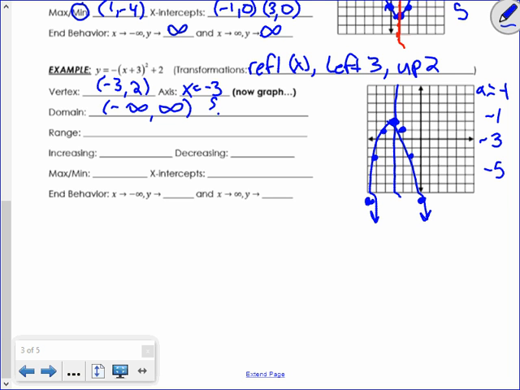All real numbers, which you guys will write in both notations. Right? And then what's the range?